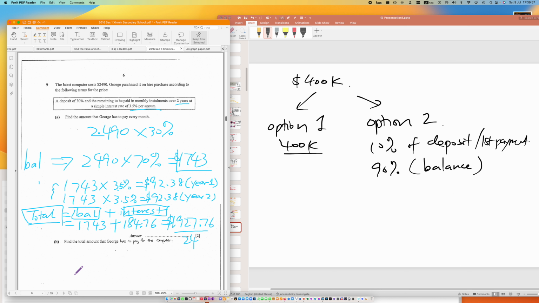So basically you need to find out the total owed to the seller. You owe the balance, right? You also owe the interest, right? So the balance plus the interest is the total owed. If you divide the total owed by 24 months, then that's the monthly.